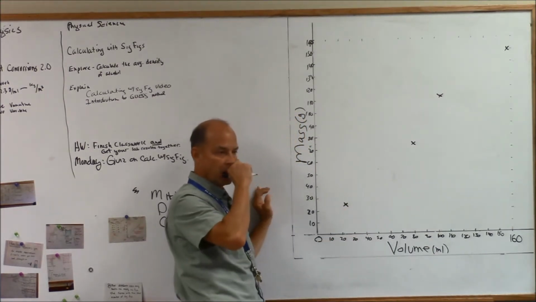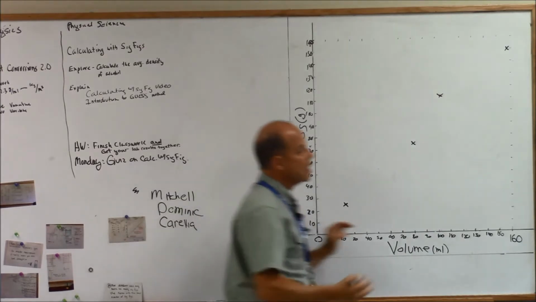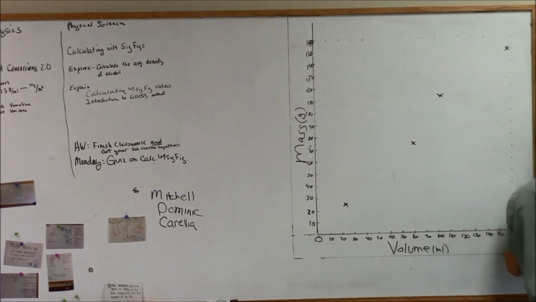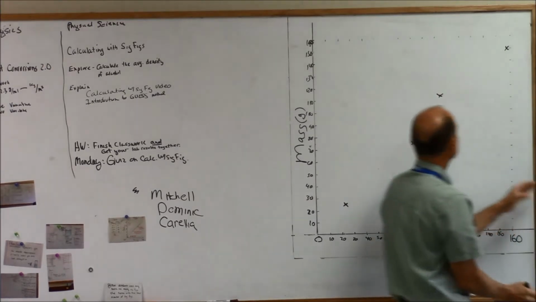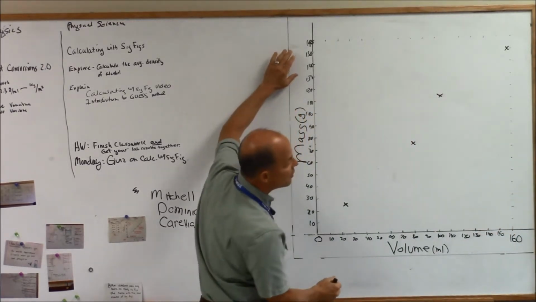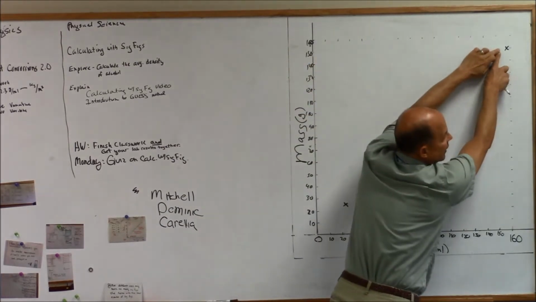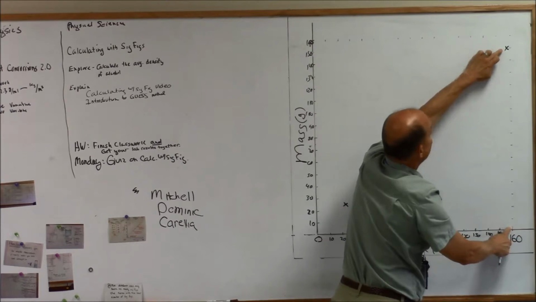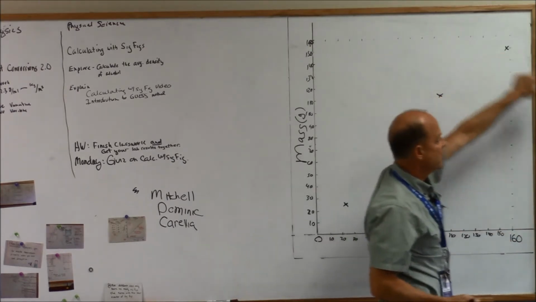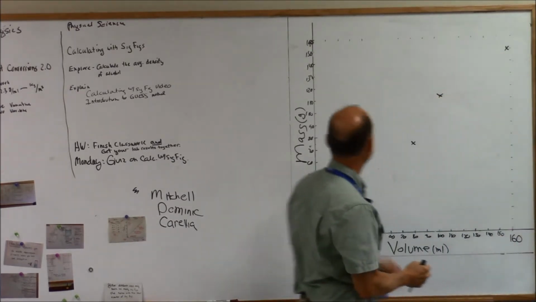Yeah, Sarah. What do we plot? We are plotting mass versus volume. So my first point is 147 by 159. So I go 147 is my mass, and 159 is my volume. There's my plot point. Then I've got 110 and 102.